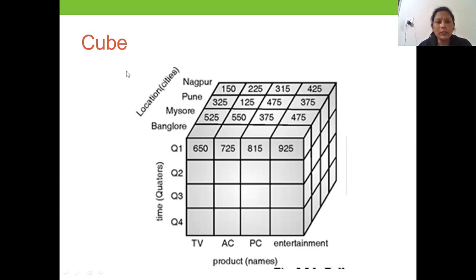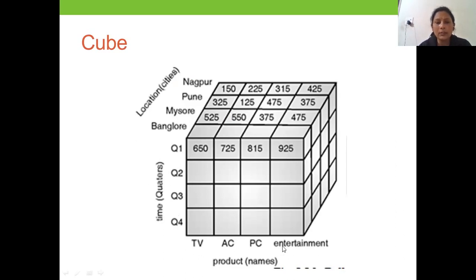So time is the implicit or explicit dimension in every data warehouse. Here also we have taken time in terms of quarters 1, 2, 3, 4. The first quarter indicates the first 3 months, that is January, February, March.